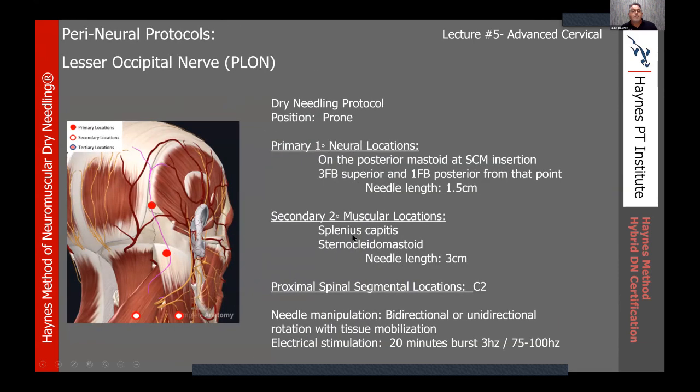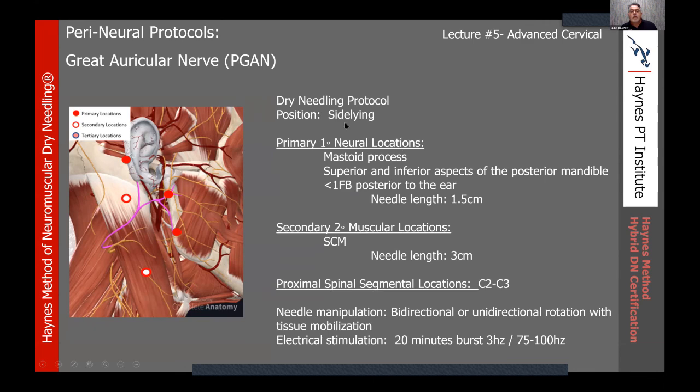Here, our primary neural location, again, would be on the mastoid process. It's going to be the superior and inferior aspects of the posterior mandible. So we'll also catch, anteriorly, here and here on the mandible. And then we had one on the mastoid process.